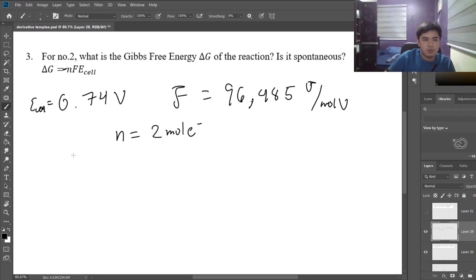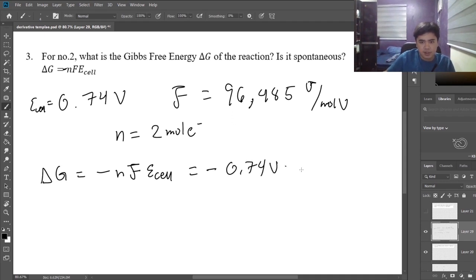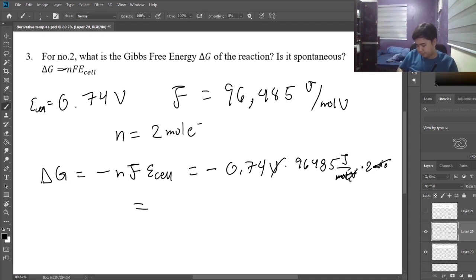So what do we do? We just multiply it together. The delta G is equal to negative nFE cell. And then this is just going to be negative of 0.74 volts times 96,485 joules per mole voltage multiplied by 2 mole electrons. This is mole electrons, this cancels. The volts cancel out, so we are stuck with joules.